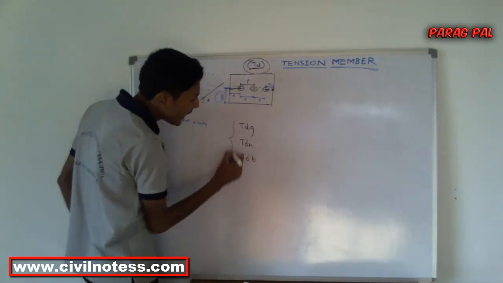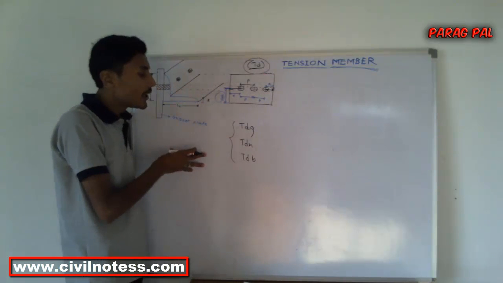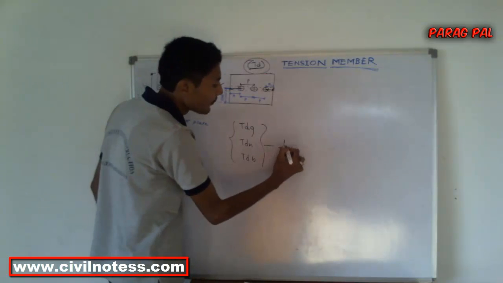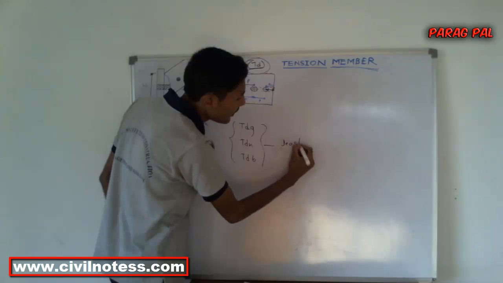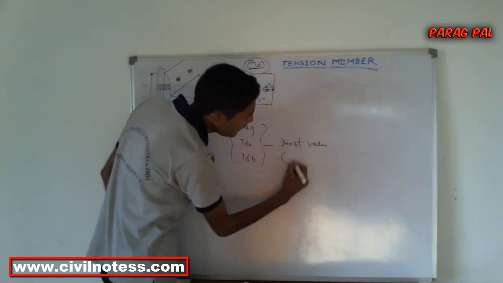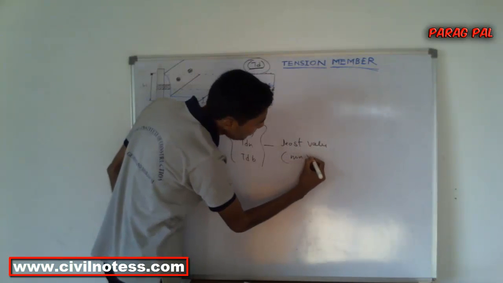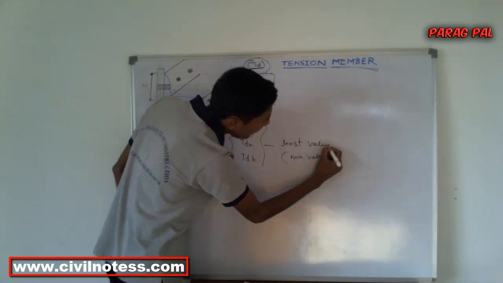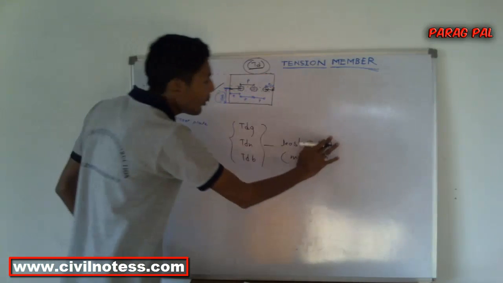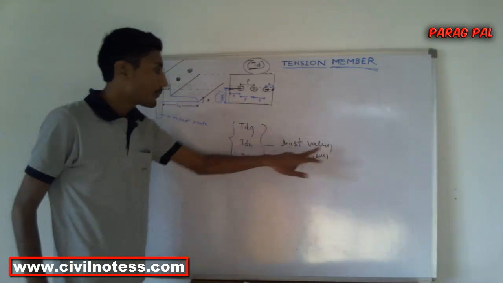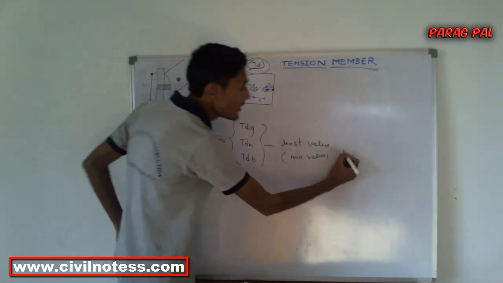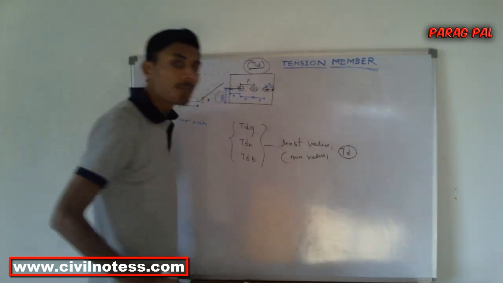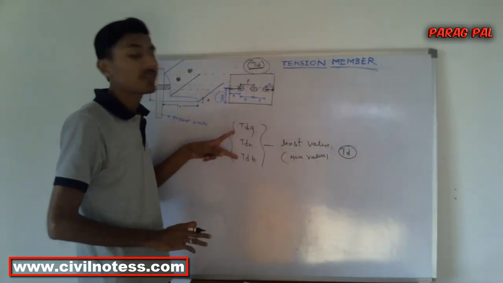With respect to these three values, you have to take the least value, that means the minimum value, and that value is represented as TD. That means TD is nothing but the least value from these three.